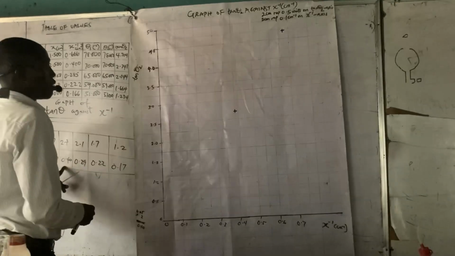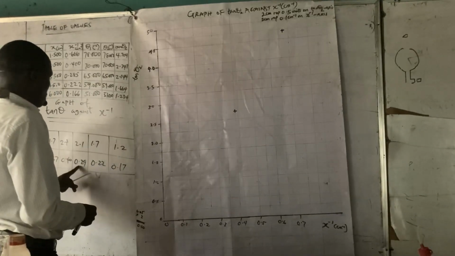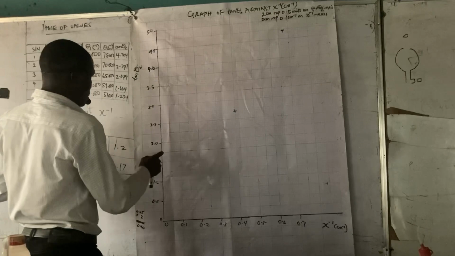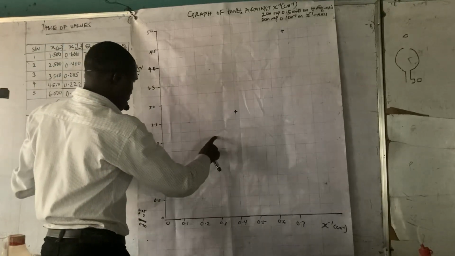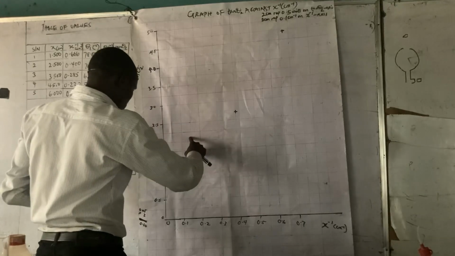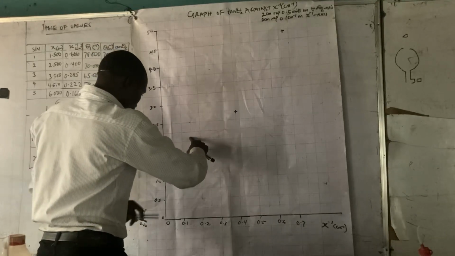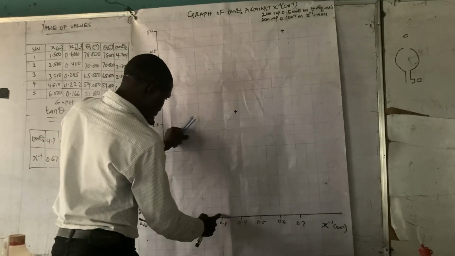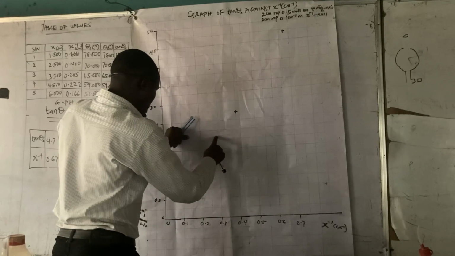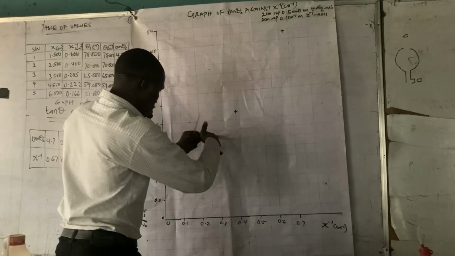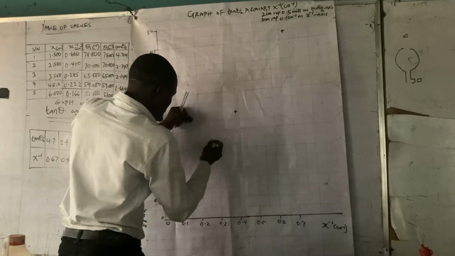Now 2.1 against 0.29. 0.29 is here. 0.29 against 2.1 is here.